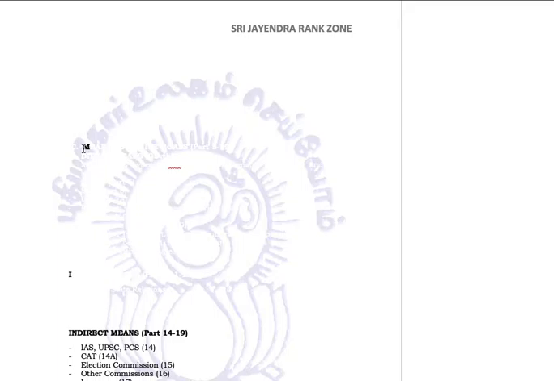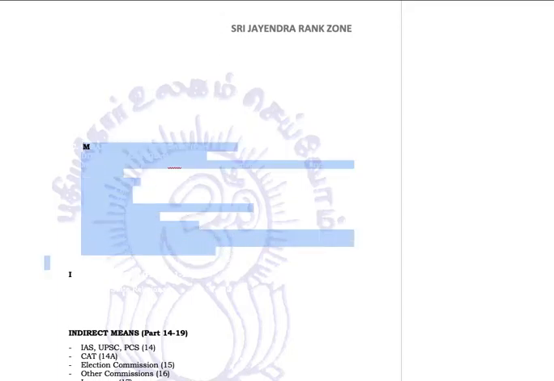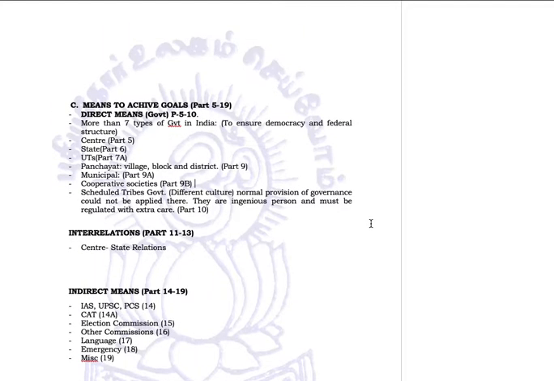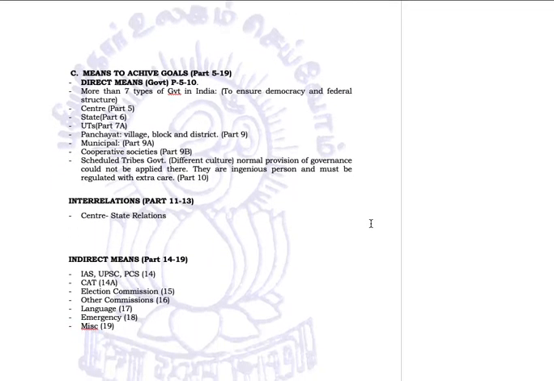Okay, now we'll understand sub parts of this particular group which we kept for the end. There was group C, which talked about means to achieve those goals between part 5 to 19. This part 5 to 19 has two kinds of means to achieve those goals.